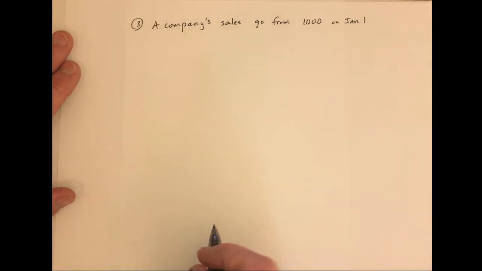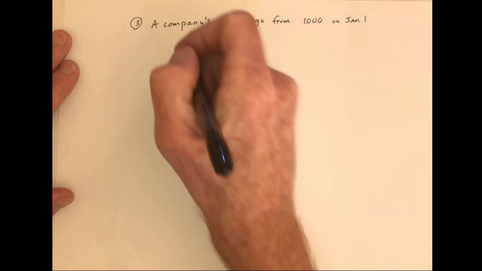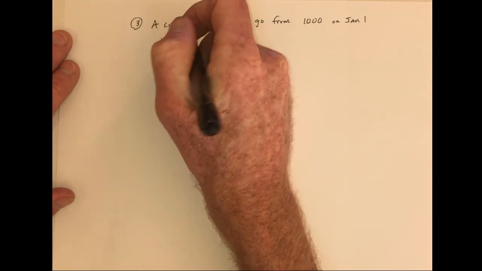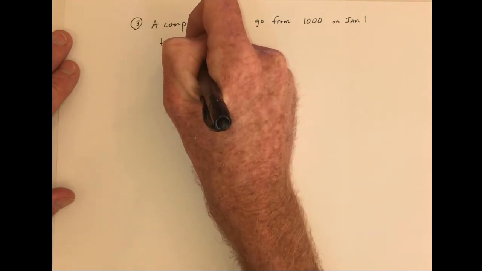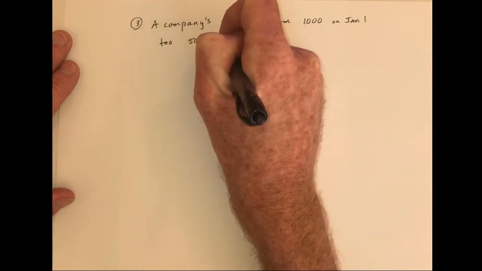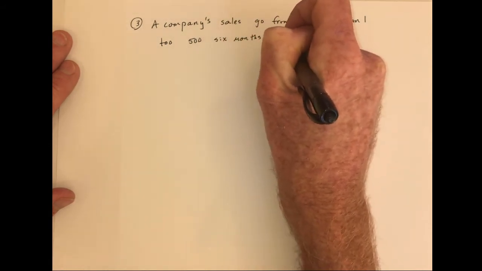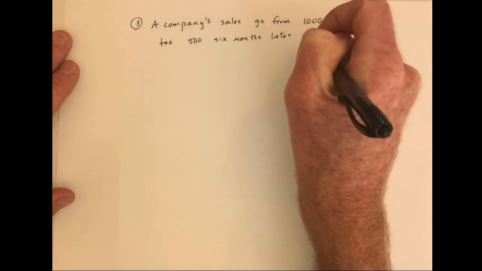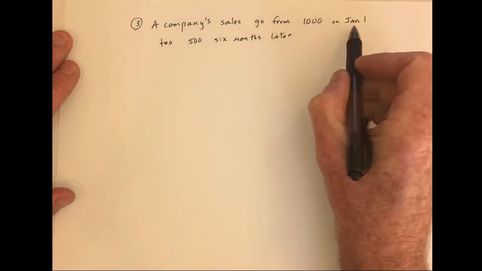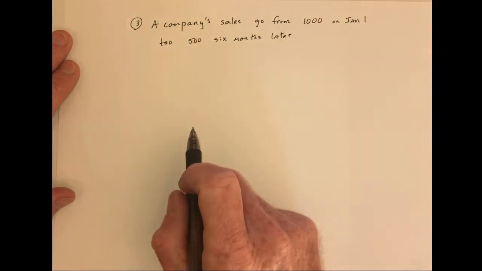So they go from 1,000 at the beginning of the year, and then they go down to 500 6 months later. So it's some type of thing that people like to buy in the winter, but not quite so much in the summer.